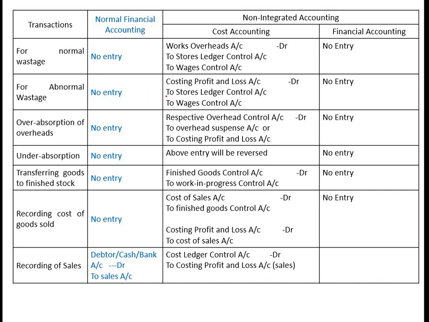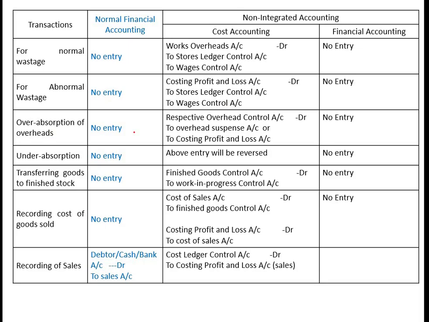Then if abnormal wastage, we know that if it is regarding material, then the entry will be costing profit and loss account debit. In the case of material, it will be store ledger control account credited. If it is labor wages, like abnormal because of some strike or some shutdown or lockdown, then wages control account will be credited.